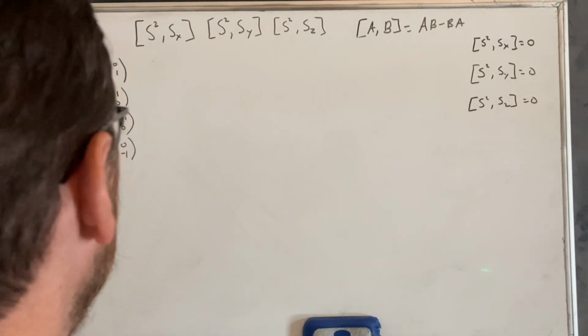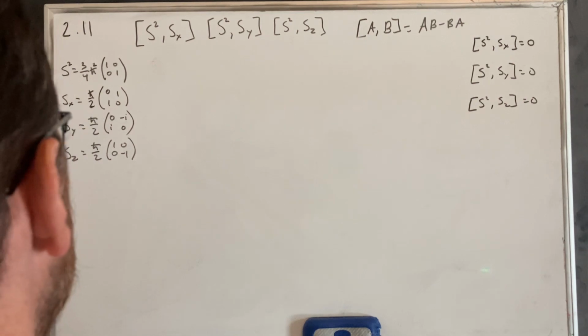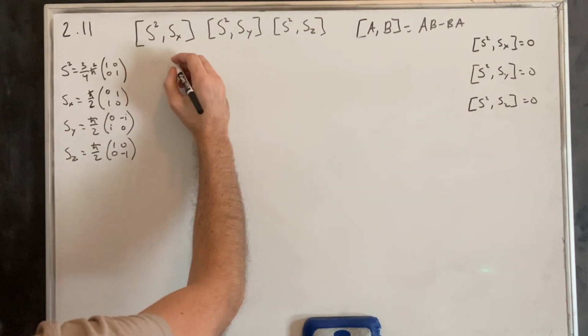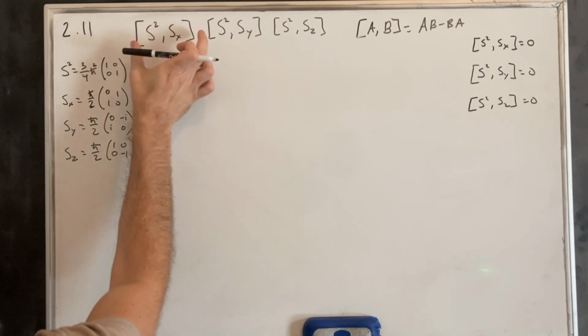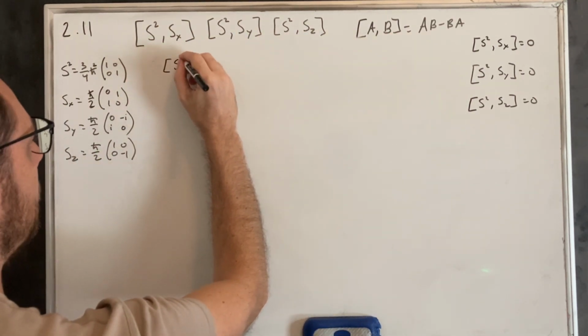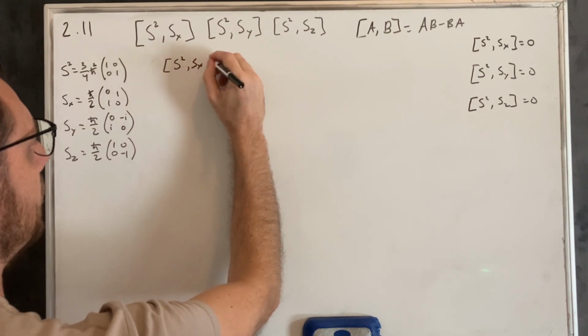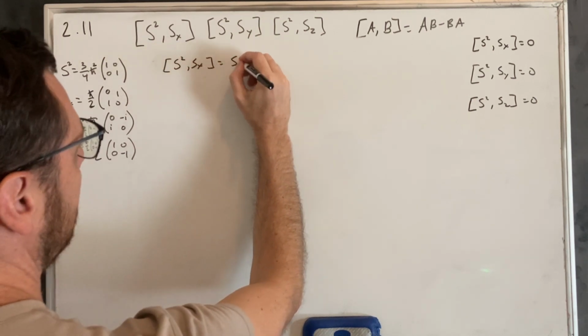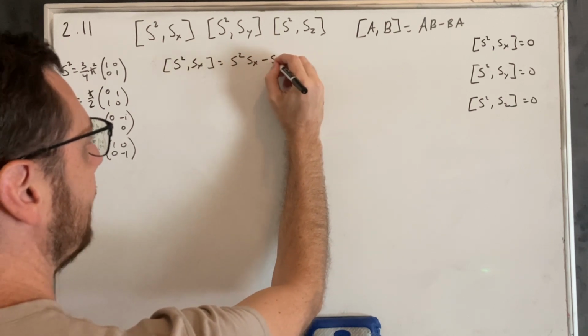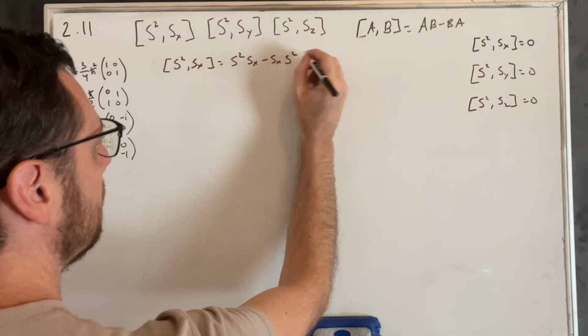All right, so let's go ahead and calculate this in another way. We know that the commutator of S squared and Sx is equal to S squared Sx minus Sx S squared.